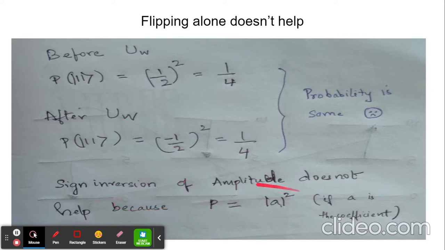Since probability is proportional to amplitude squared, the minus sign doesn't make any difference. So though the amplitude of the winning state changed, the probability remains the same. To increase the amplitude of the required state, the next trick is inversion about mean.